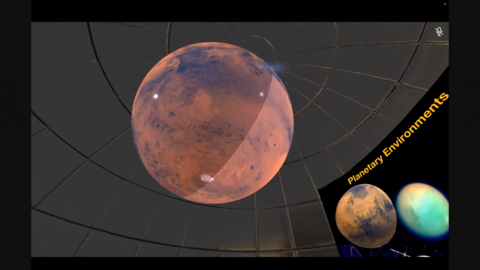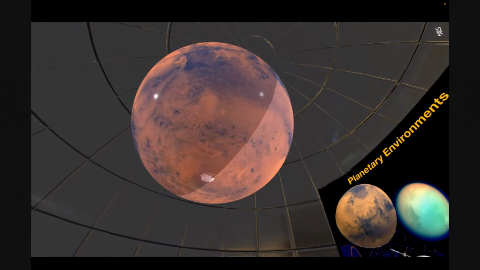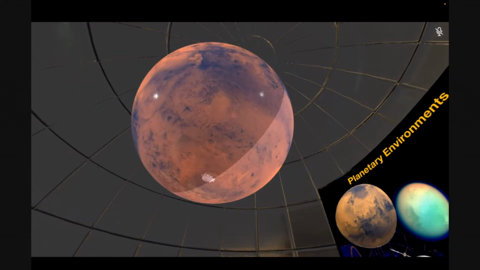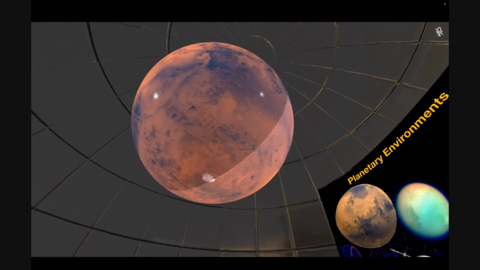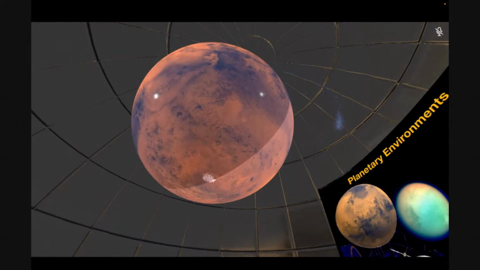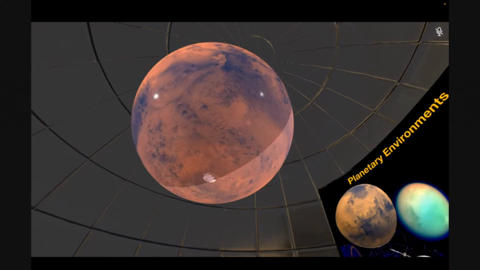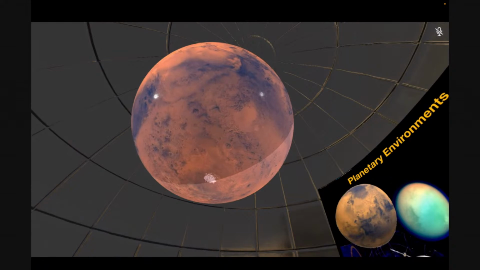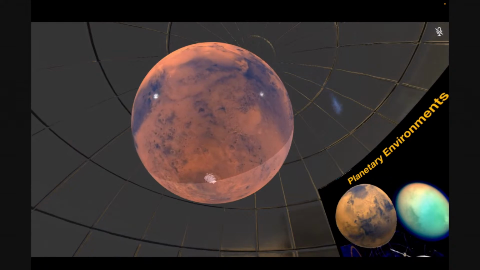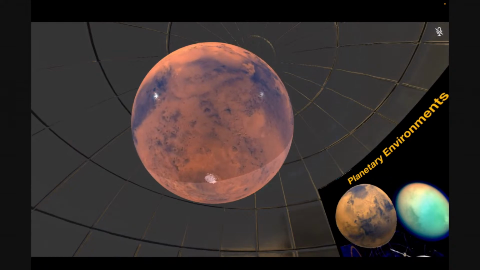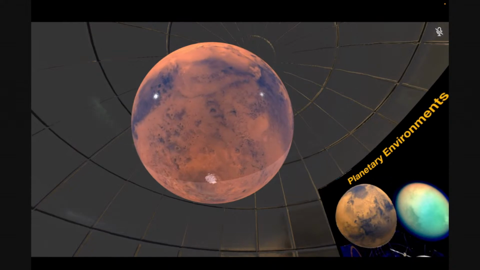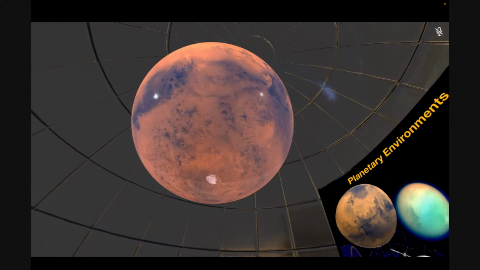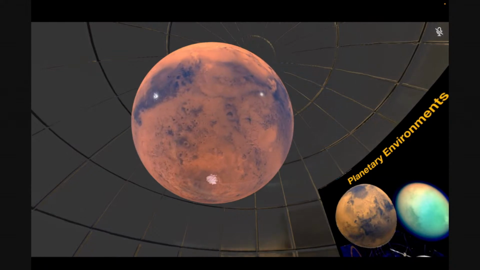When you zoom in a little bit, it's also possible to see fluvial features, which show the influence of rivers that have since dried up. And so we can't discount Mars as a place to look for life just because it doesn't have large amounts of liquid water. And even at the bottom, you can see some of these polar ice deposits. And as we'll get to in a bit, we know from Earth that life really likes existing at kind of the interface between ice and other types of environments.